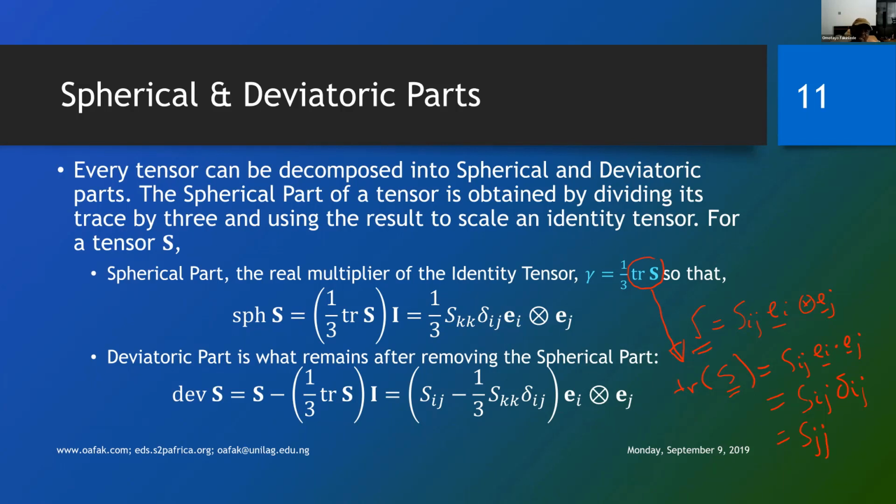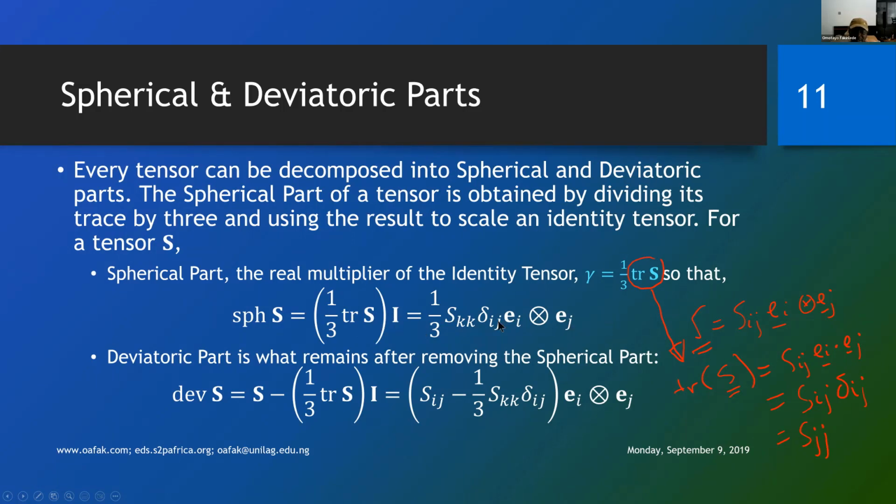But if you want to break a tensor into spherical and deviatoric parts, every tensor can be decomposed this way. A spherical part of a tensor is obtained by dividing its trace by 3 and using the result to scale an identity tensor. When you take the trace, you get a scalar, and you use that to scale an identity tensor.